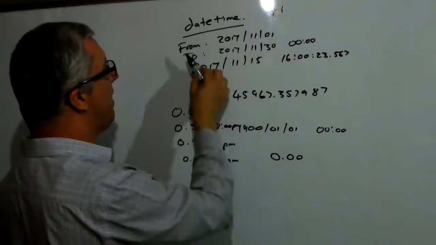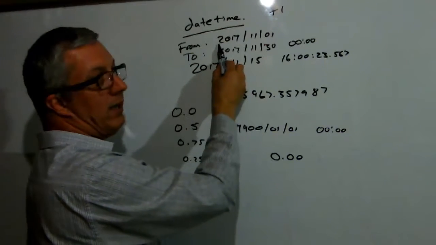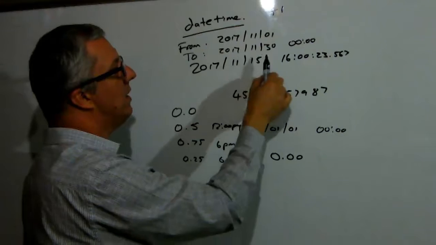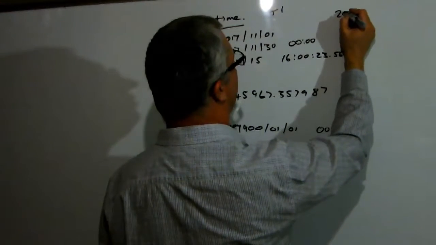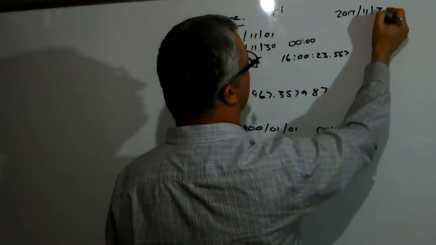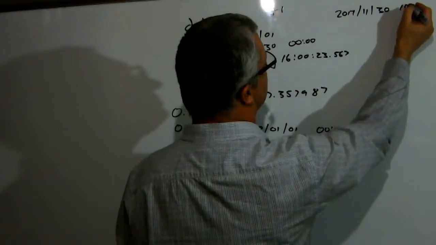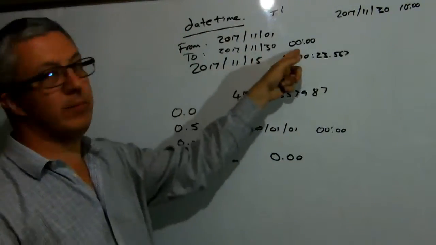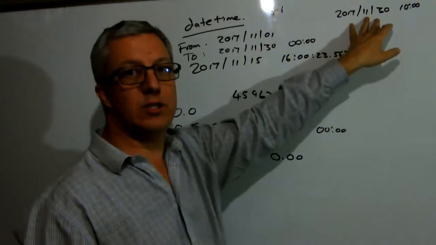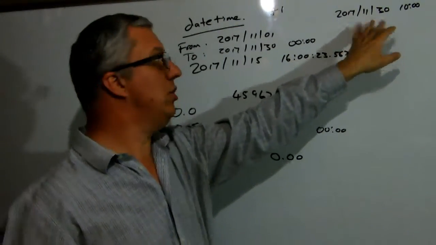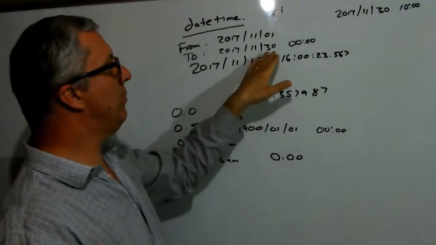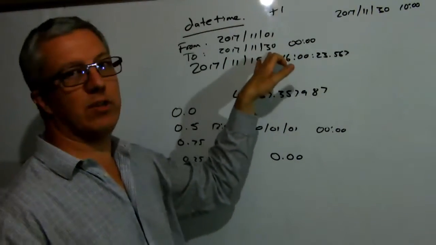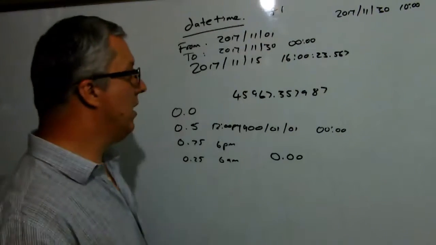So if I just say everything greater than or equal to the from date and everything less than or equal to the to date, I'm not going to get a value at 10 o'clock that morning. That value is after midnight. So even though it's still on the 30th, it will assume it doesn't need to show it because it is after midnight at the start of the 30th.